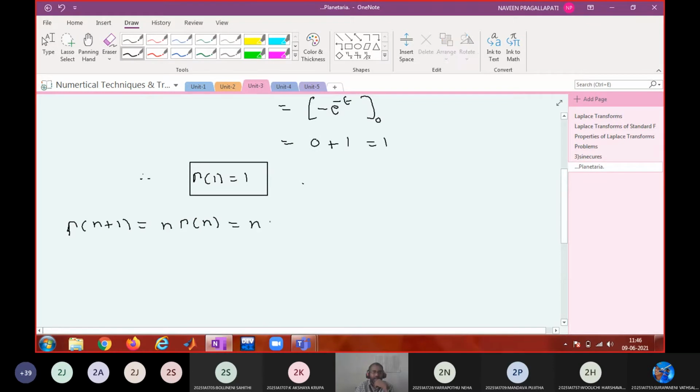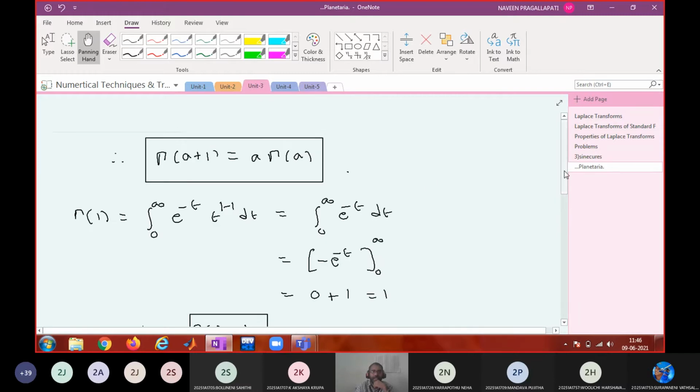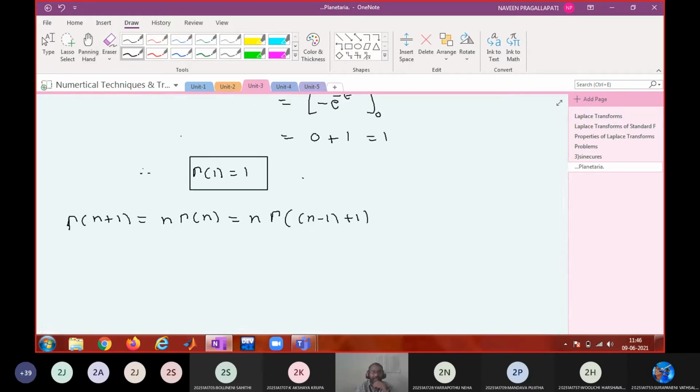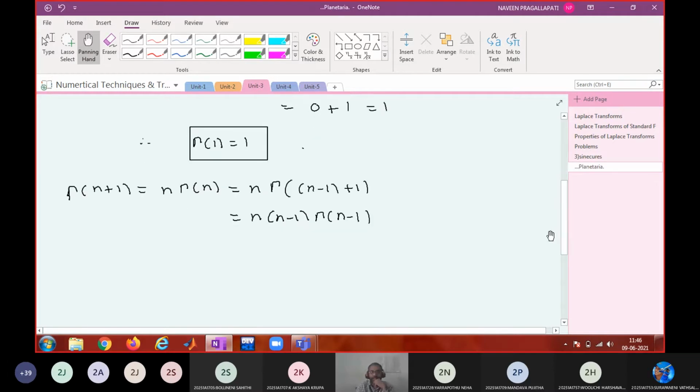And can I write this n as n minus 1 plus 1? Then again, if I use the property gamma of a plus 1 equal to a into gamma of a, can I write this as n into n minus 1 into gamma of n minus 1? Because gamma of a plus 1 equal to a into gamma of a. Agreed or not? Yes, sir.